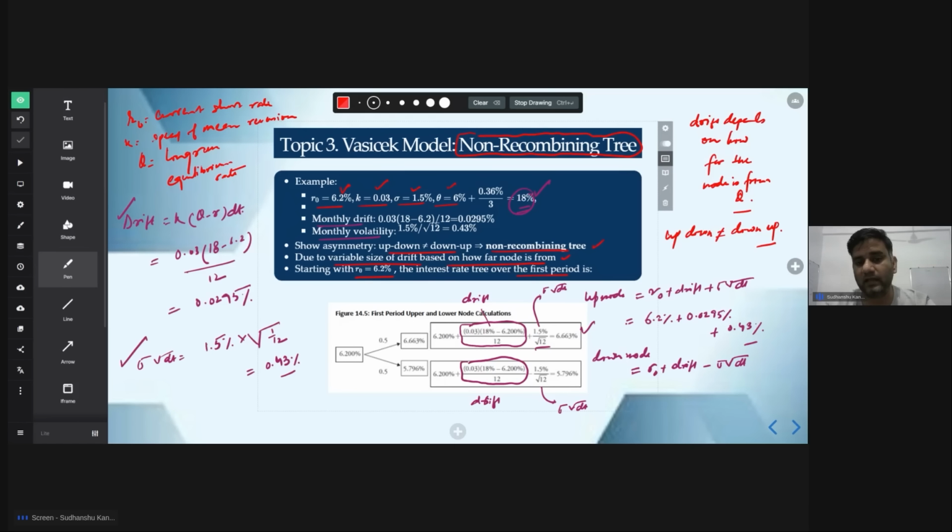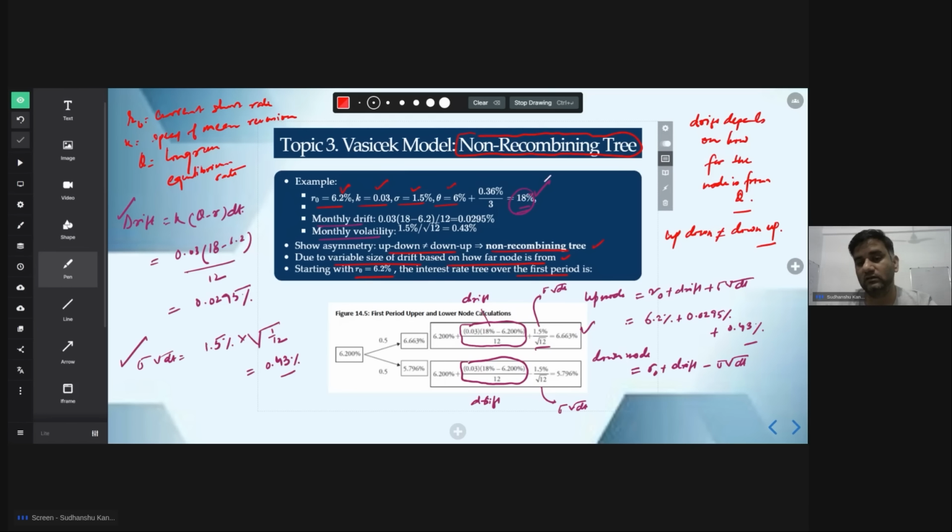Also please keep in mind how we are calculating it. For all of you, please understand how the drift term was calculated: k theta minus r, times dt. Theta is your long run equilibrium rate. If you have to find the long run equilibrium rate, it has to be calculated separately.